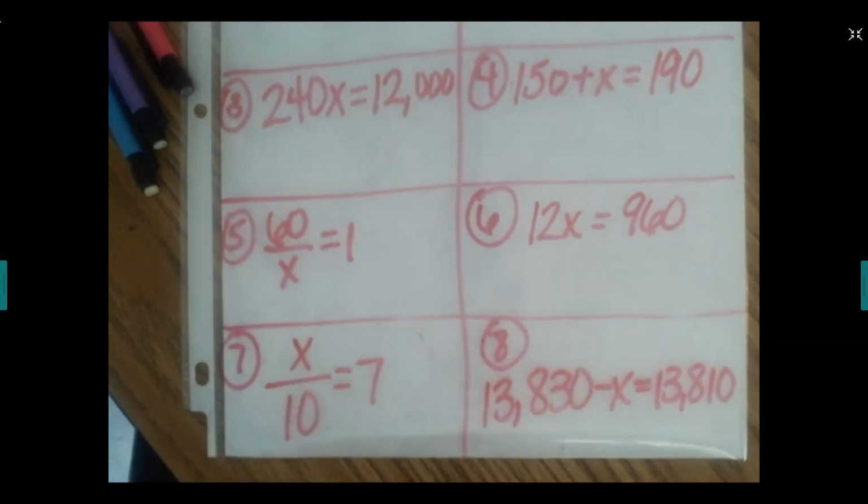Number 7, x divided by 10 equals 7. And number 8, 13,830 minus x equals 13,810.